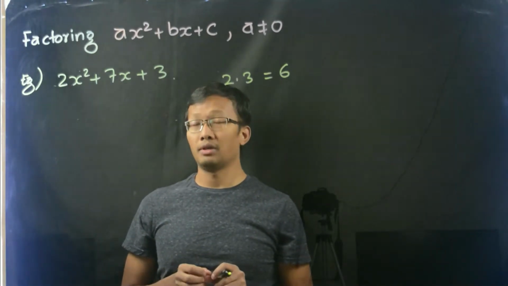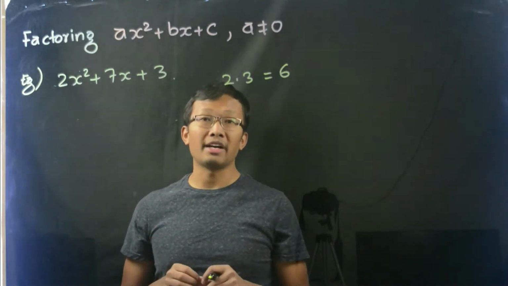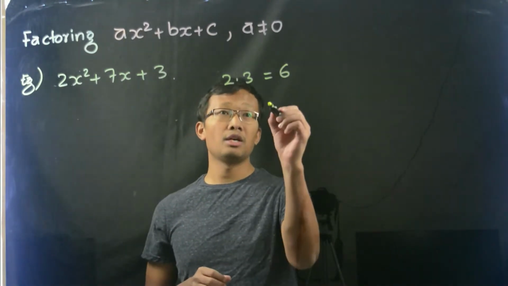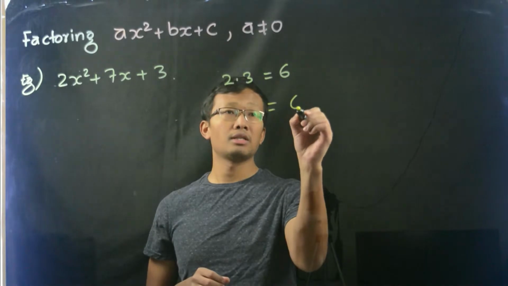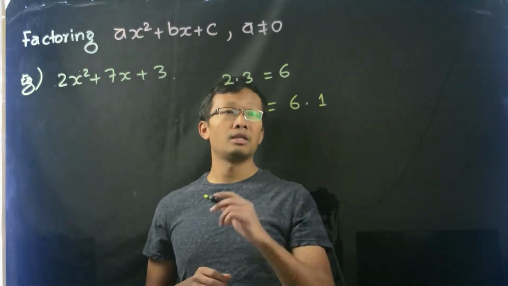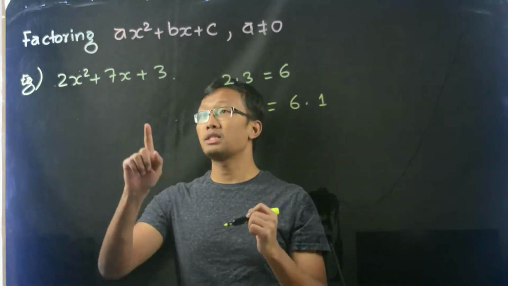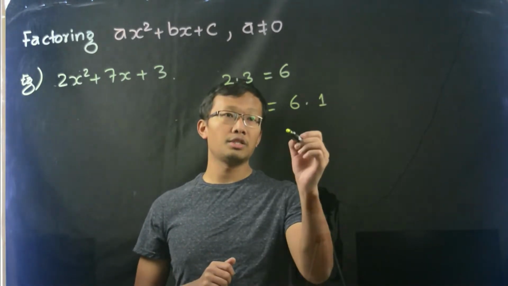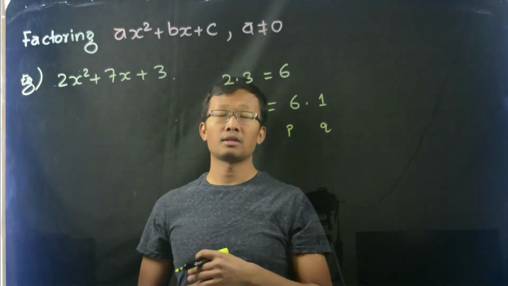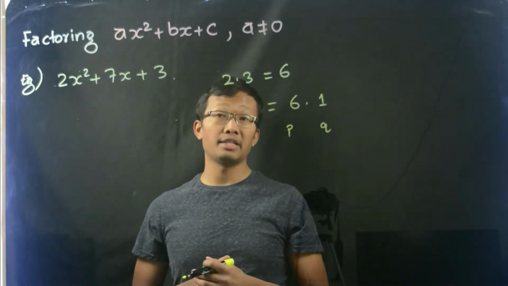How can we find those two factors? We can write 6 times 1. 6 times 1 is 6, and 6 plus 1 is 7. So this is p and this is q. It's fairly straightforward.